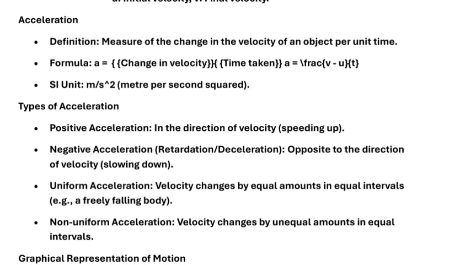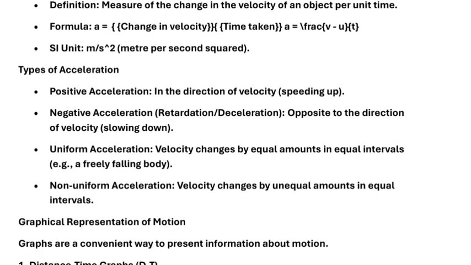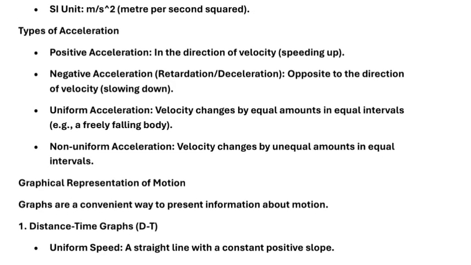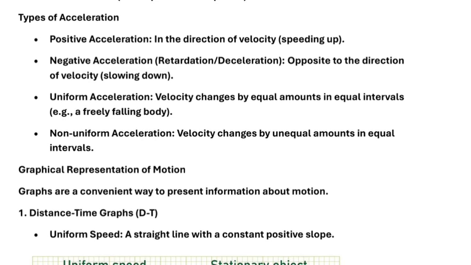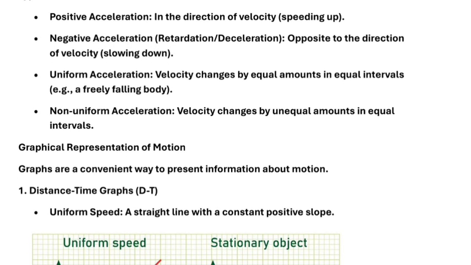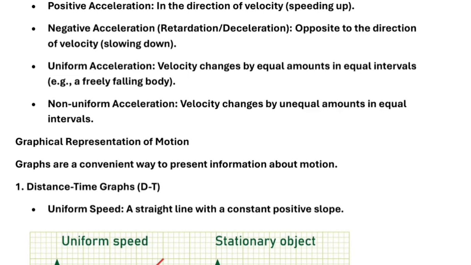Acceleration. Definition: measure of the change in the velocity of an object per unit time. Formula: a equals change in velocity divided by time taken, a equals (v minus u)/t. SI unit: m/s², meter per second squared. Types of acceleration: positive acceleration, in the direction of velocity, speeding up.